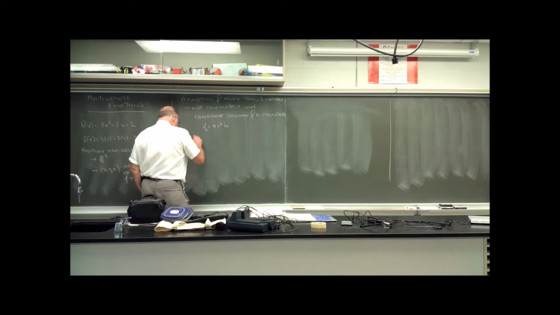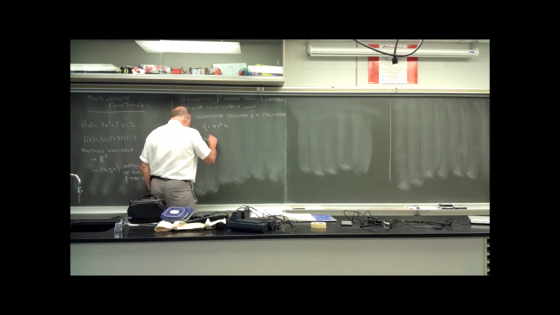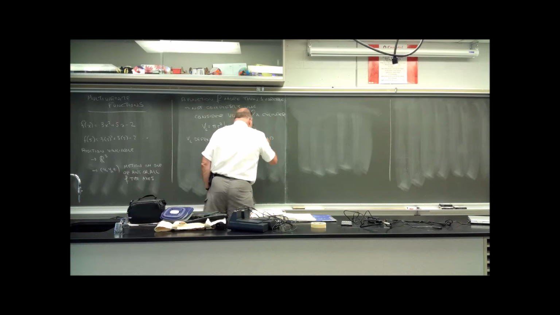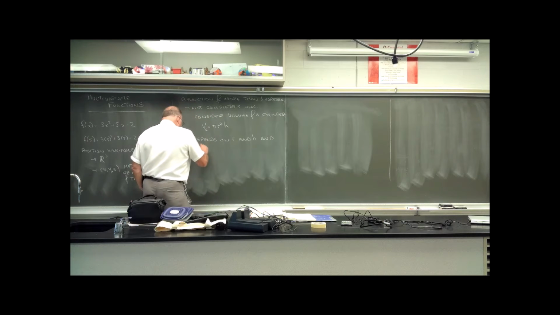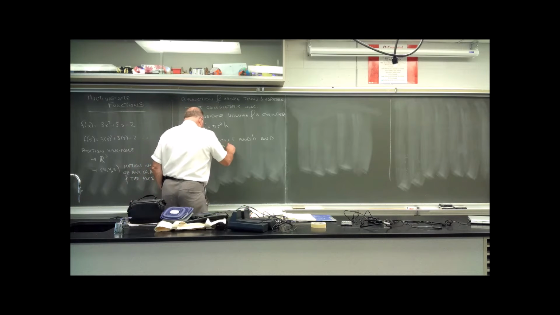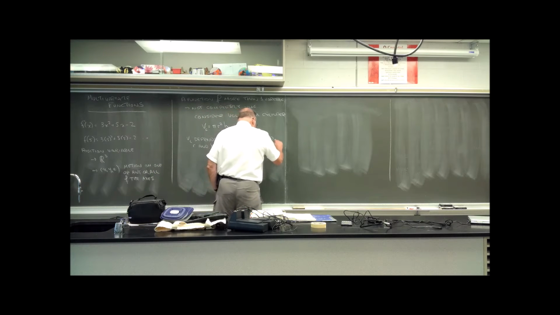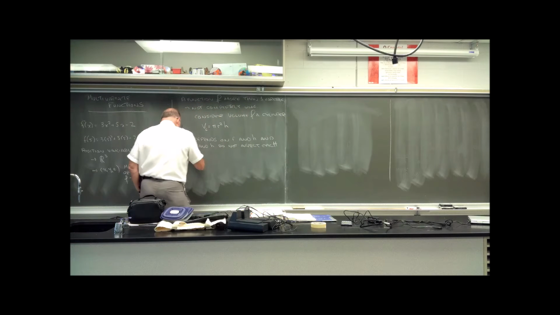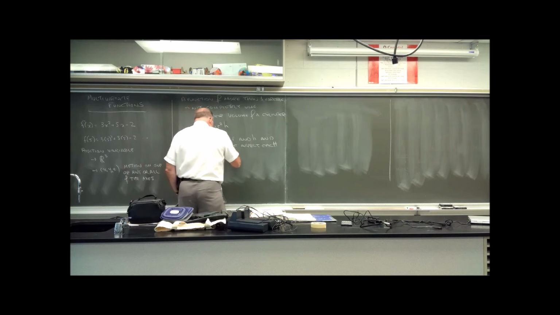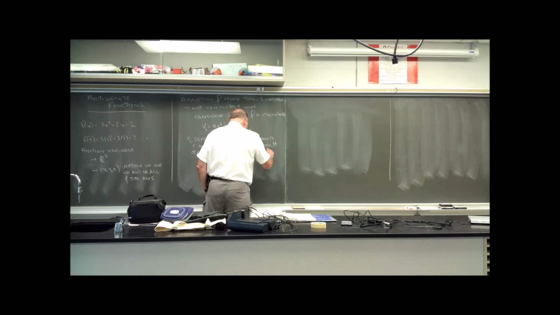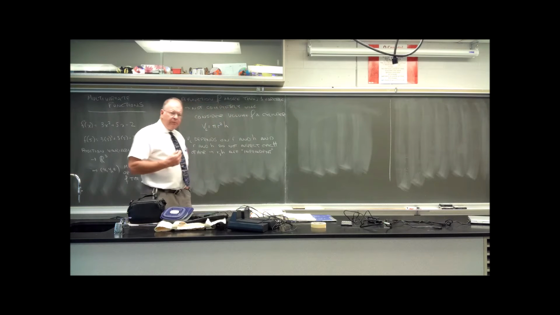So V sub c depends on r and h, and r and h do not affect each other. And when that is the case, we say r and h are linearly independent, or simply just independent to save us the words. And that's important when we do these things.